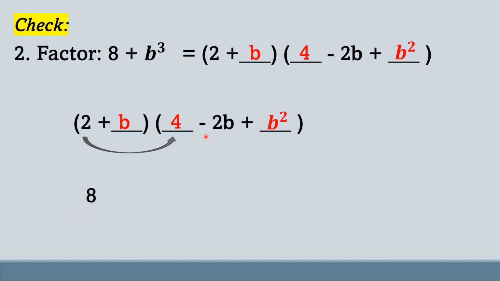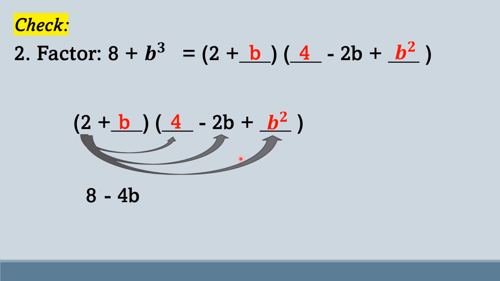Next, minus, so 2 times 2b will give us minus 4b, plus, so plus and symbol, 2 times b squared is 2b squared. Next, second term of the first factor. So b times 4 will give us 4b.